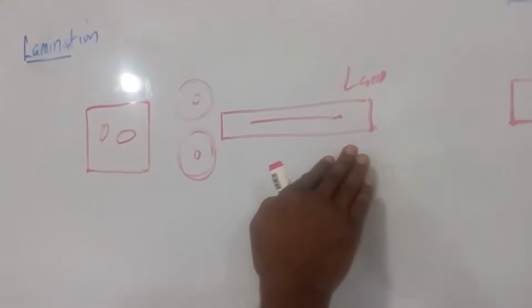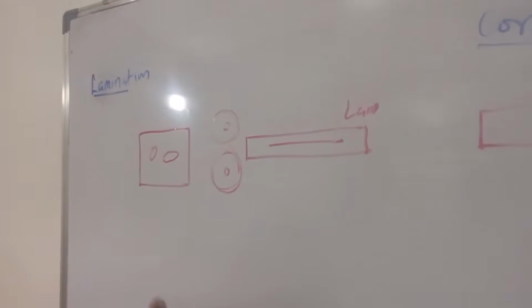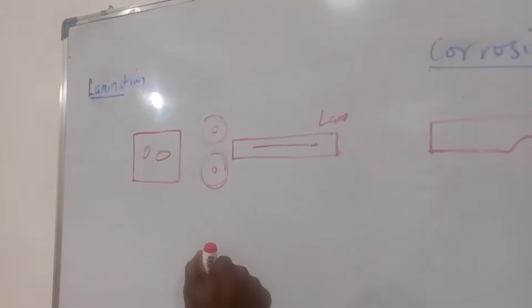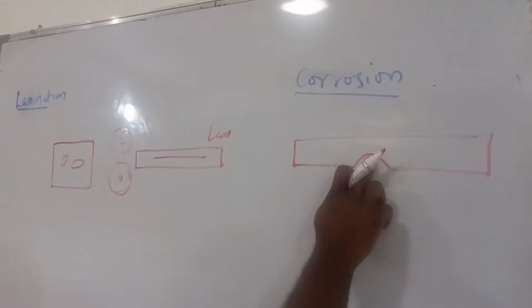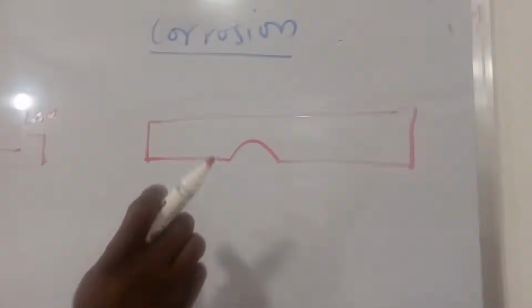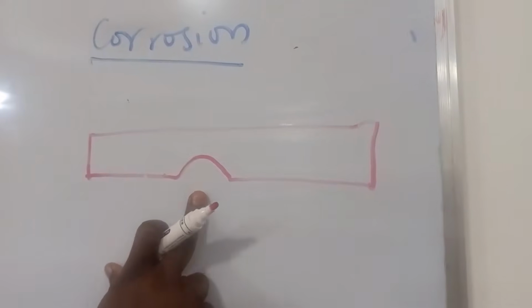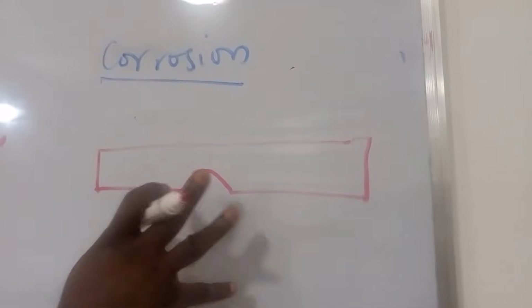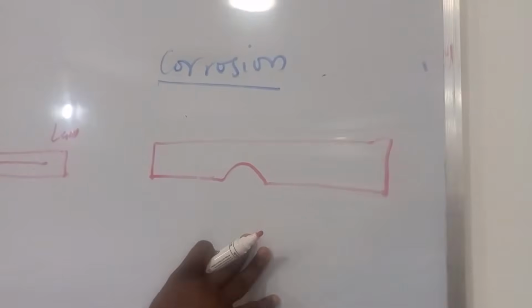So we are not really interested in lamination as a service defect. But if you come to corrosion, where you've had a substantial wall loss, definitely this becomes a weak spot and the plate can fail from this point. It can even lead to reduced pressure if you want to continue using this plate.